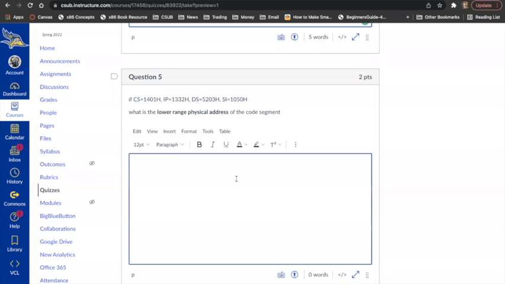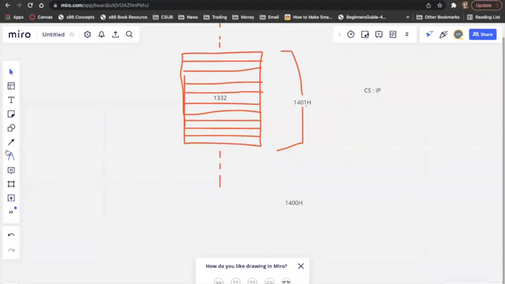Okay, so next question, it's asking us what's the physical address of the last block of the code segment. So it's basically asking us what's the address of this address? Like, what's the physical address of this block in this code segment?